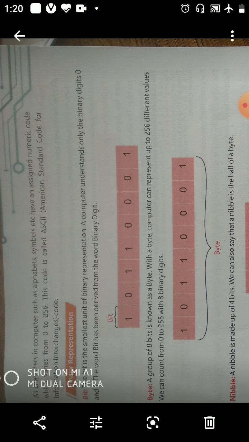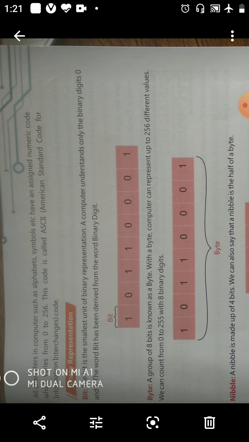Okay, this is the general introduction about binary numbers. So in short, computer stores the data in the form of binary numbers. Binary means the base is 2. 2 means it uses only 2 digits, 0 and 1. Using these 2 digits, the numbers are formed in the binary number system.